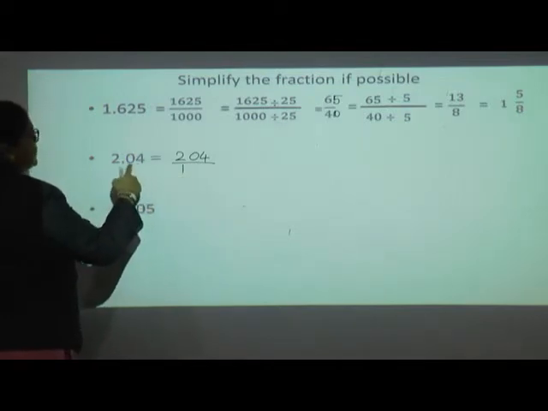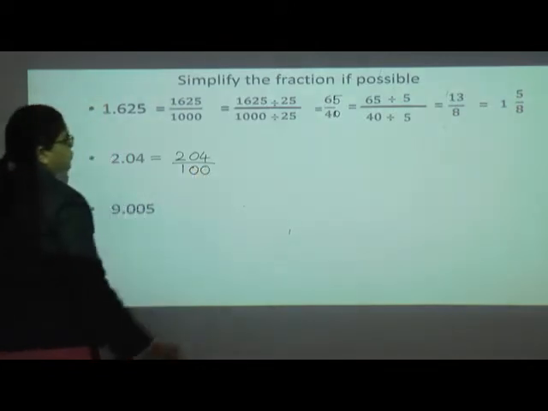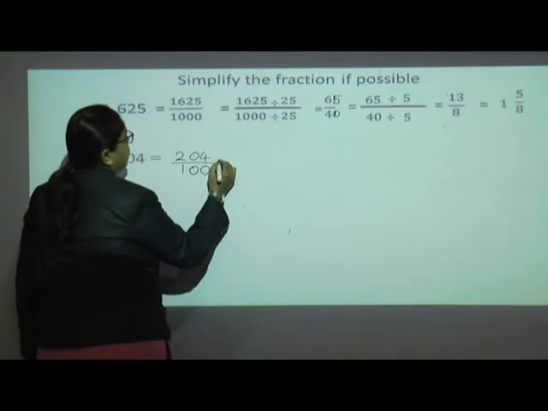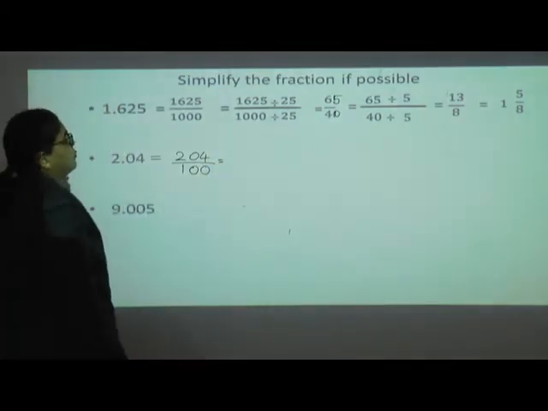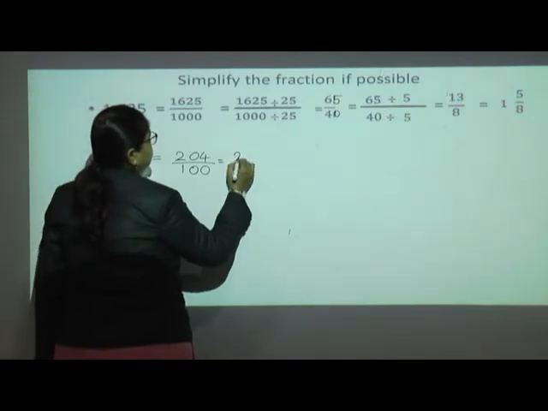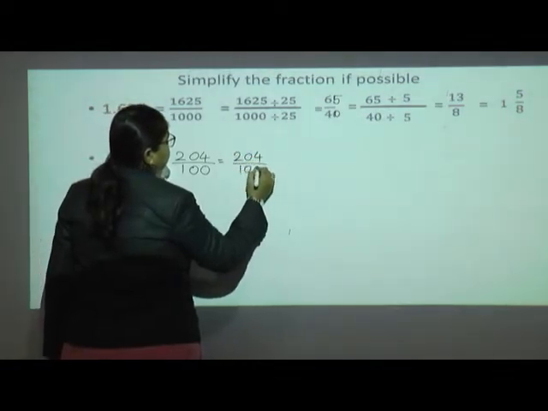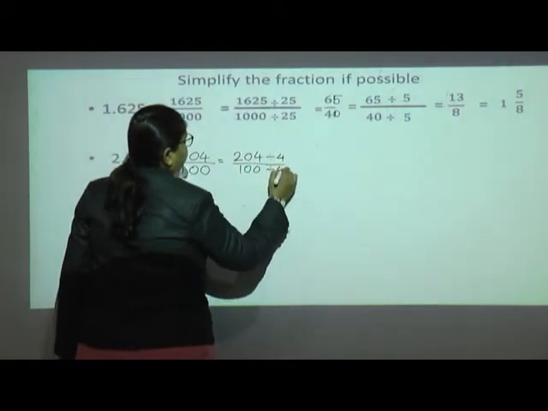The number of digits after the decimal point is 2, so it should be followed by 2 zeros. Now we have to see, can we divide this number by 4? Yes. 204 upon 100. We will write here divide by 4, divide by 4.